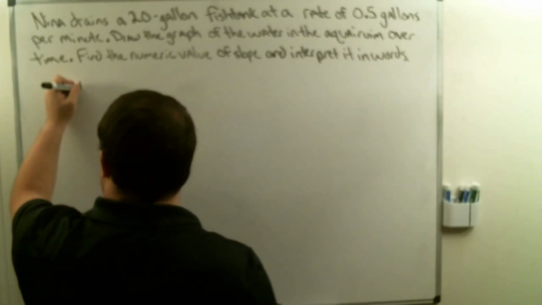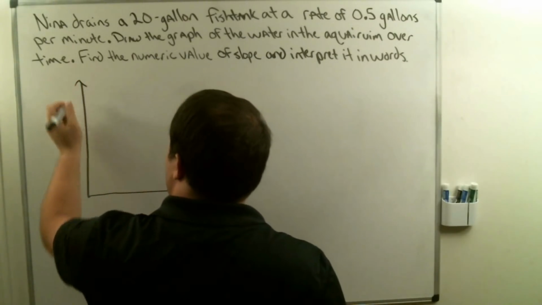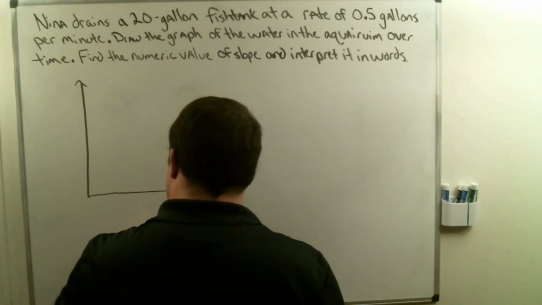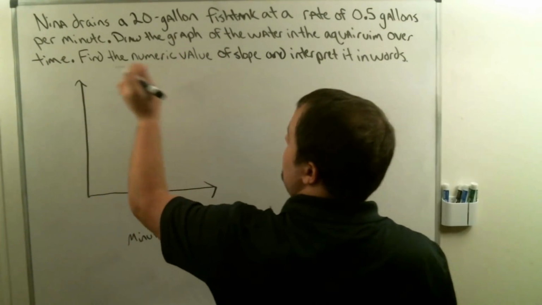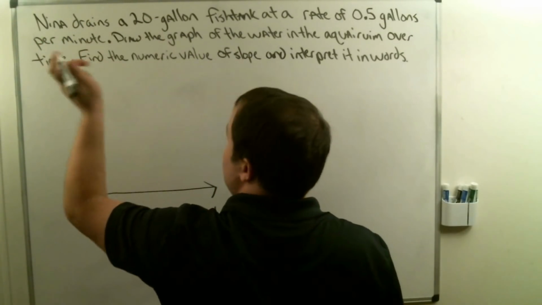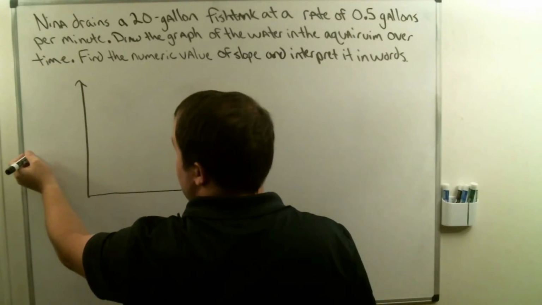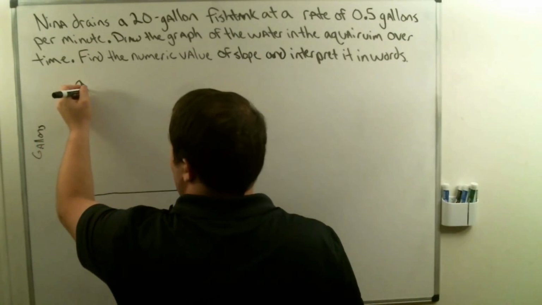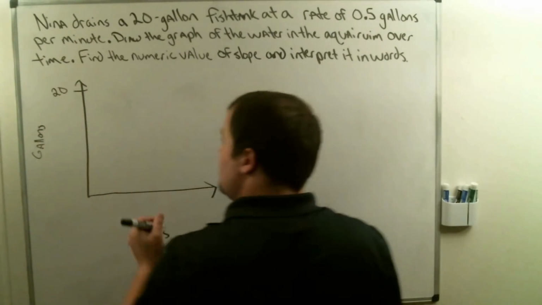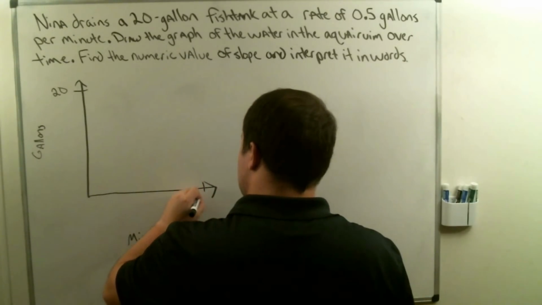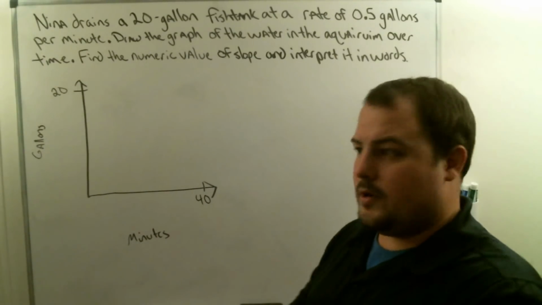So first thing, let's go ahead and make our graph. Now we see per minute, so minutes is my time. And we have at a rate of half a gallon per minute. We have gallons on the side. And we know that the highest the tank goes is 20 gallons. And I'm going to put that this is 40 minutes all the way over here.